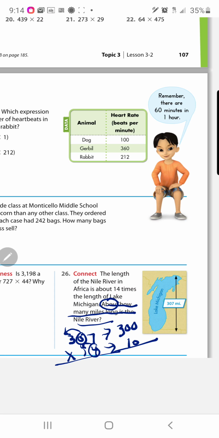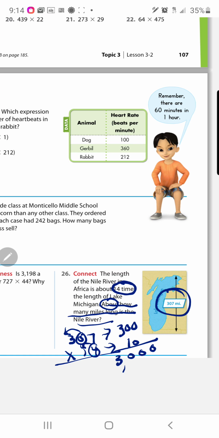Multiply that, and you are going to get about 3,000. So 300 times 10, the Nile River is going to be about 3,000 miles long. All right. Remember, we're multiplying 14 times greater than 307.